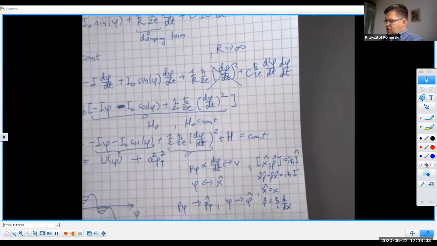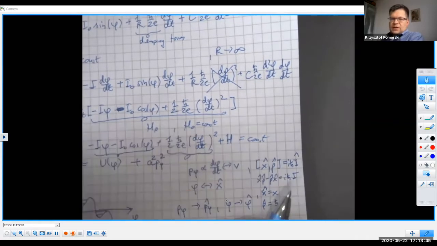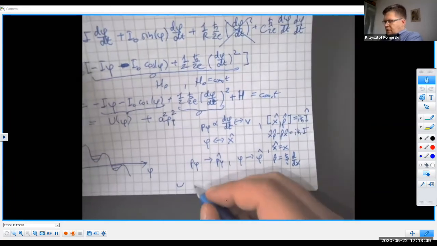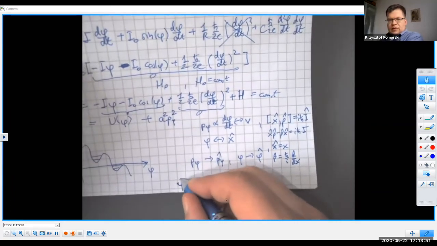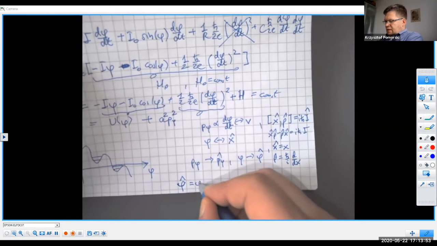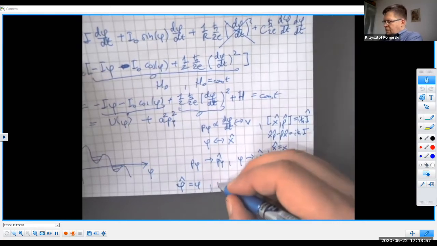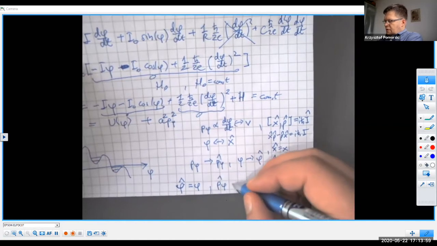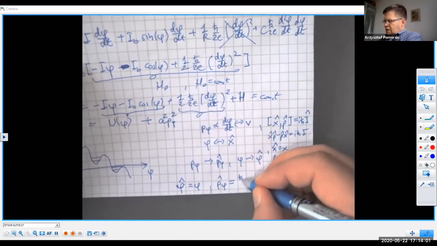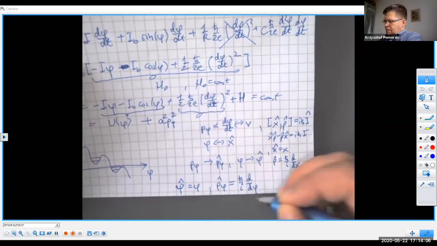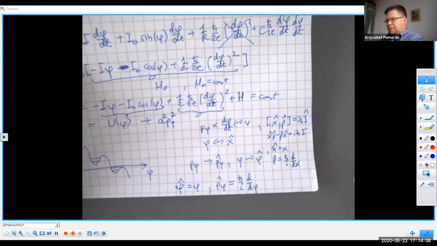So one of the suggestions would be that simply this operator is like this, and then that our phase momentum could be written in such a way. This is one of the possibilities.